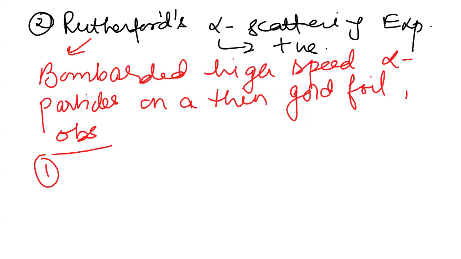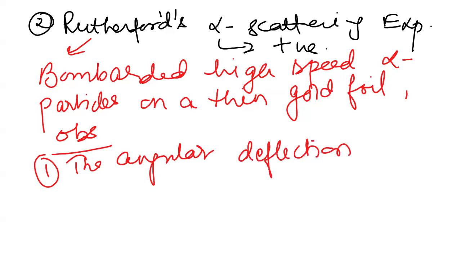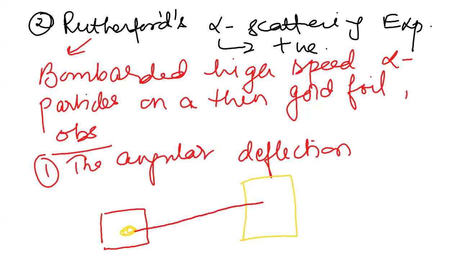First is the angular distance, or you can say the angular deflections. You know, this is the place from where the alpha particles originated. Now, this was the gold foil. So alpha particles originated and struck the gold foil.